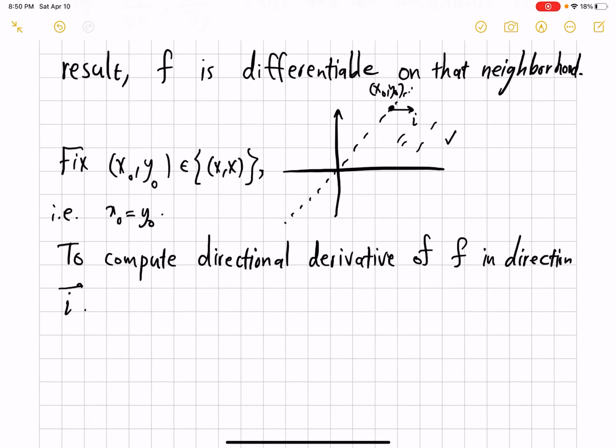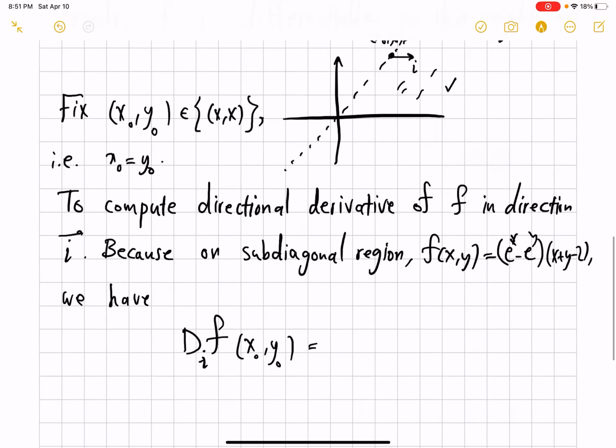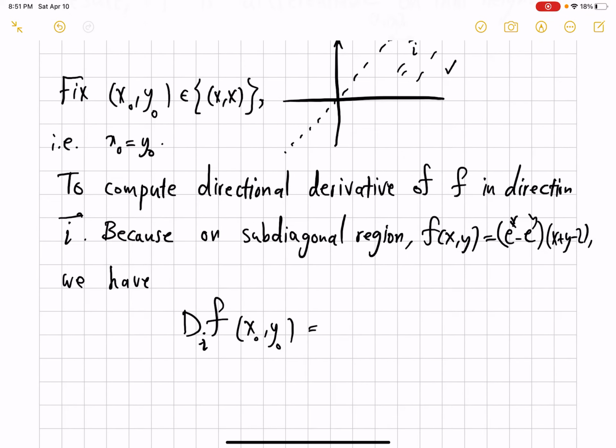And therefore, we can just apply, because on subdiagonal region, f of x, y equals e^x minus e^y times x plus y minus 2, we have this directional derivative of f in direction I at x0, y0 equal to whatever the partial of this formula gives us.